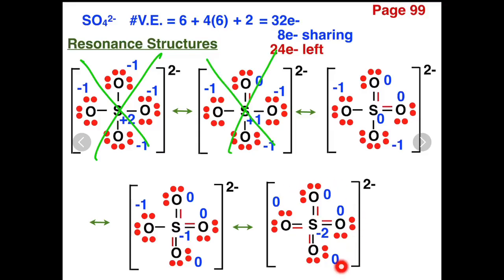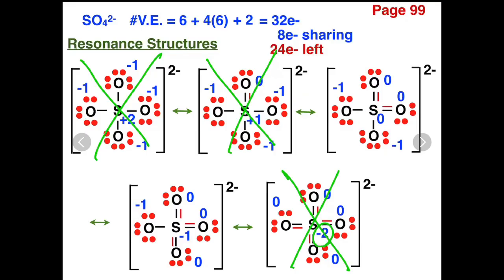It has a lot of 0s as well, but -2 here. You see that sulfur at -2 is way off from being closest to 0, so we can also ignore these two, because the -2 is not close to 0. That means the two best candidates so far are these two, where the atoms have formal charges closest to 0. We have 3 zeros and a -1, which is closer to 0 than -2 here.